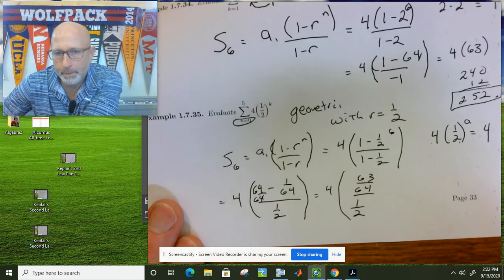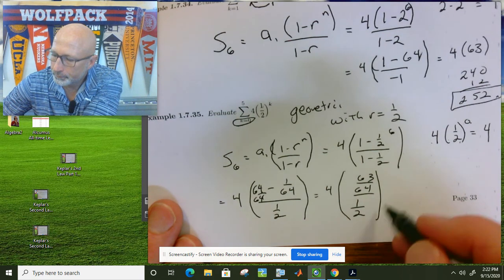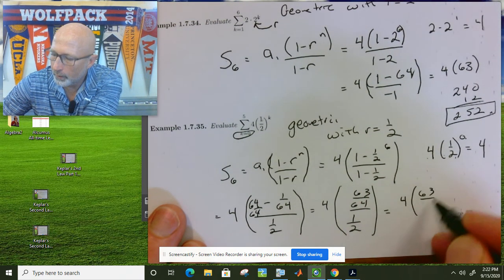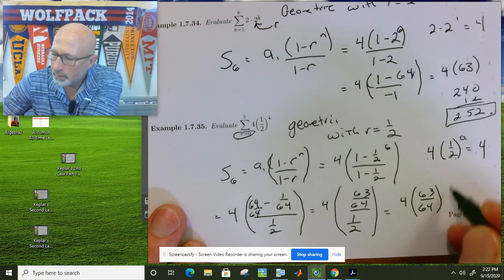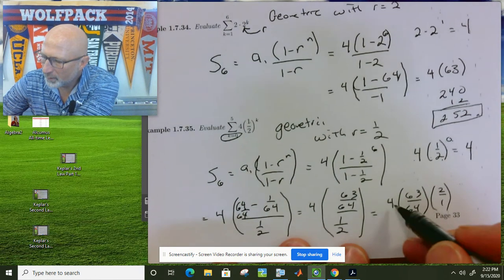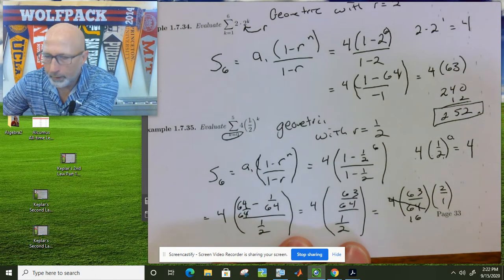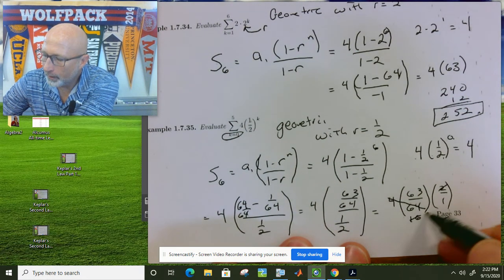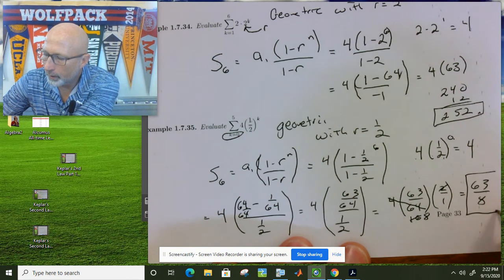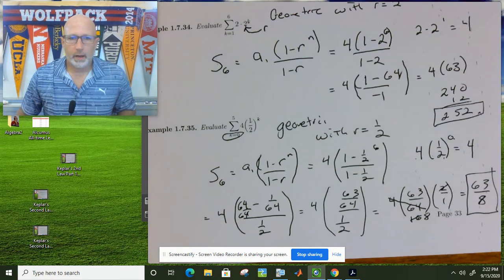So then 64 minus 1 gives you 63 over 64, all over 1/2. Which is equal to 4 times 63 over 64 times 2 over 1. So that cancels to 16. That will cancel to an 8. So I'm left with 63 over 8.